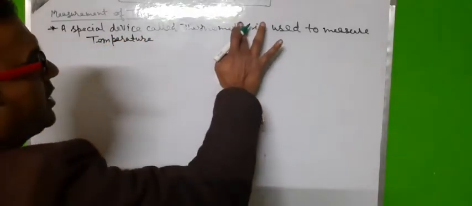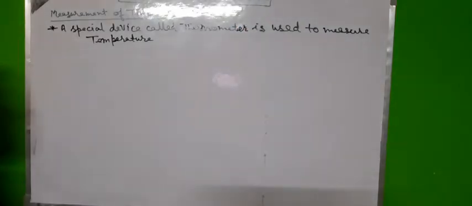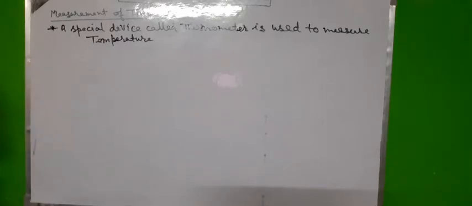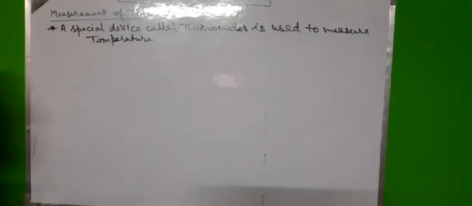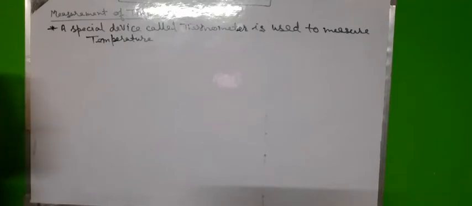That is thermometer. The special device, that is thermometer, is used to measure temperature, and the thermometer which is used for the measurement of temperature is of different types, and the selection of the thermometer is based on the properties of the material which varies linearly.